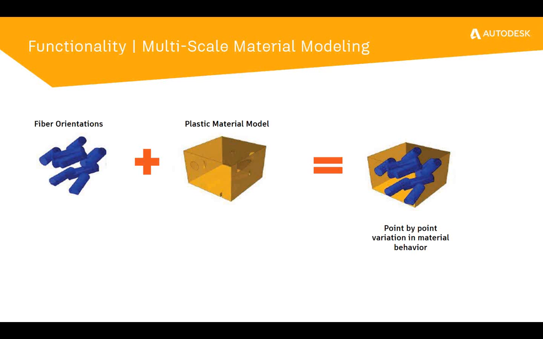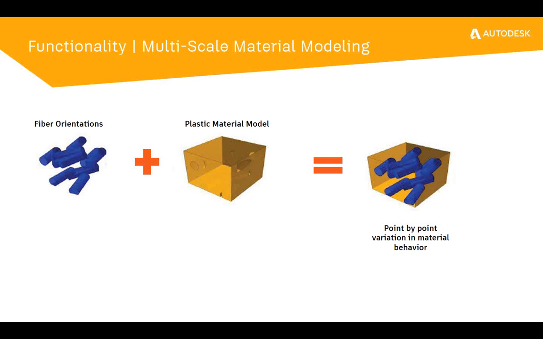And what this means is we have two pieces of information. We have fiber orientations that we get from our Moldflow simulation, and we have a plastic material model. Now, this plastic material model that holds these fibers is determined based on the input data.